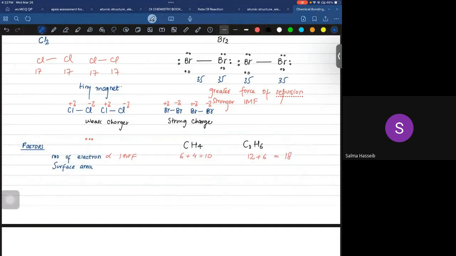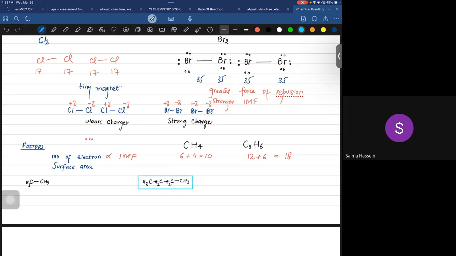Let's suppose this is ethane, CH3, and this is butane. So the surface area is higher. What do you mean by this? The surface area is higher.